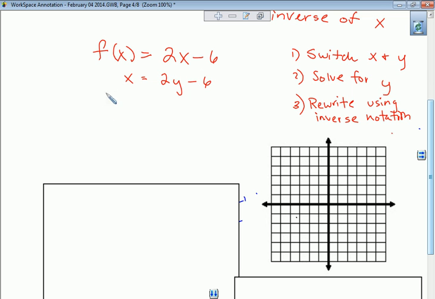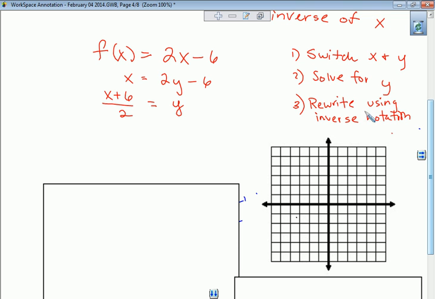So what do we do? We add the 6. And divide by 2. So that's all you do. You switch the x and y and you solve for y.